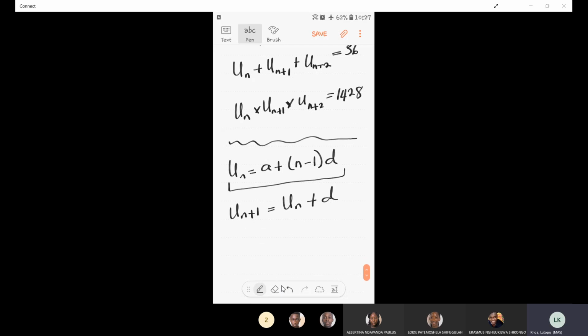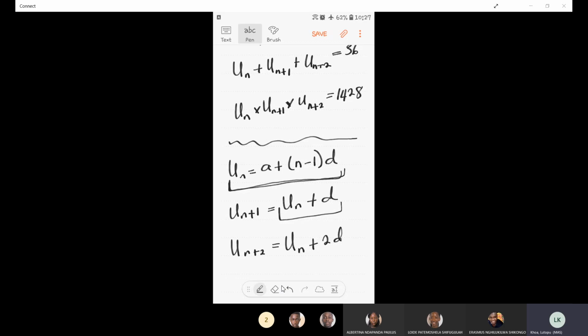And then if I want to work out un plus 2, here I will just say this un plus d, I add another d, so this is the same as un plus 2d. So this is the general formula for un.